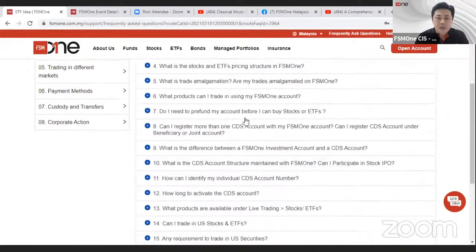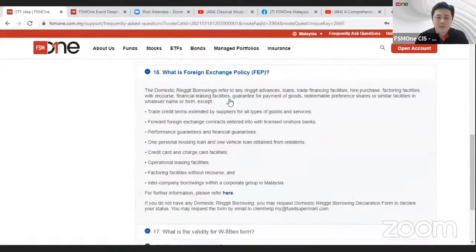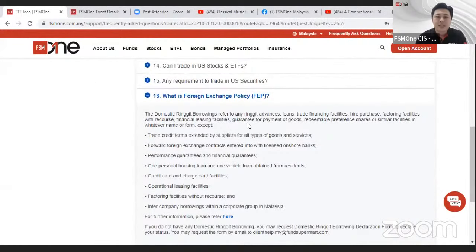I would like to show you what I mentioned just now, the domestic ringgit borrowing. I mentioned that under the FEP, foreign exchange policy, if you do have domestic ringgit borrowing, then you are subject to 1 million ringgit FX conversion per year.